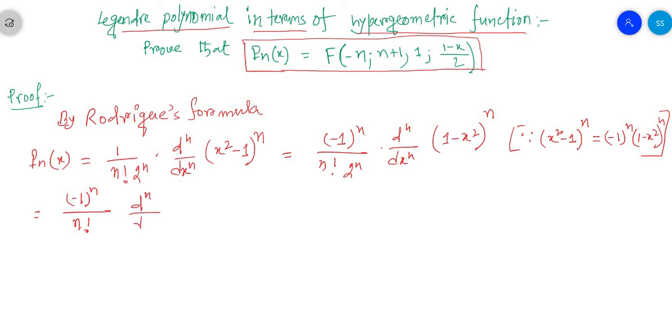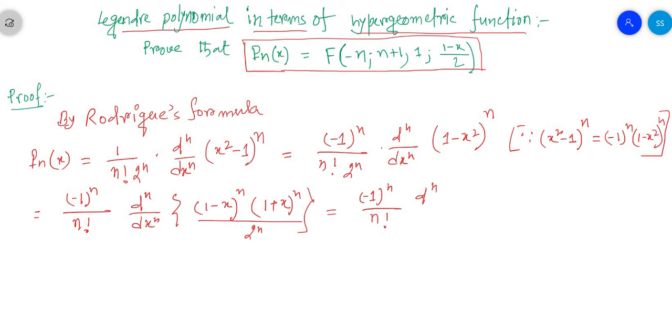d^n/dx^n of (1 minus x)^n (1 plus x)^n over 2^n, which is equal to (-1)^n over n factorial, d^n/dx^n of (1 minus x)^n.